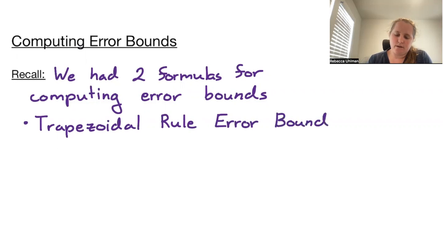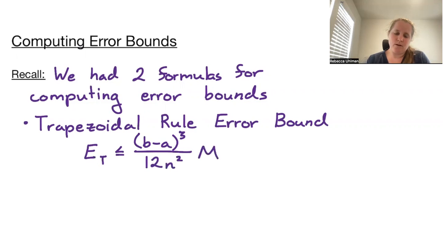We had that our error was less than or equal to (b minus a) cubed over 12n squared times M. Again, this is the error bound for our approximation for the definite integral from a to b of f of x dx.